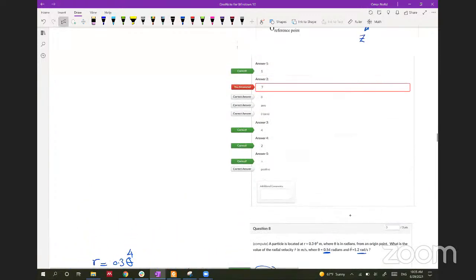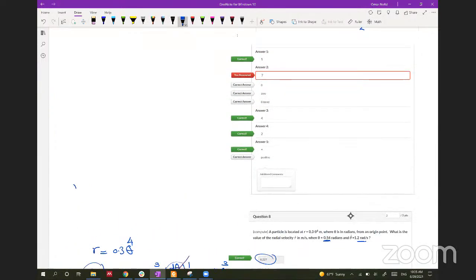So you derived r equal to 0.3 theta to the power 4, and when you differentiate this, you get 0.3 multiplied by 4 multiplied by theta cubed, without multiplication by theta dot, right?